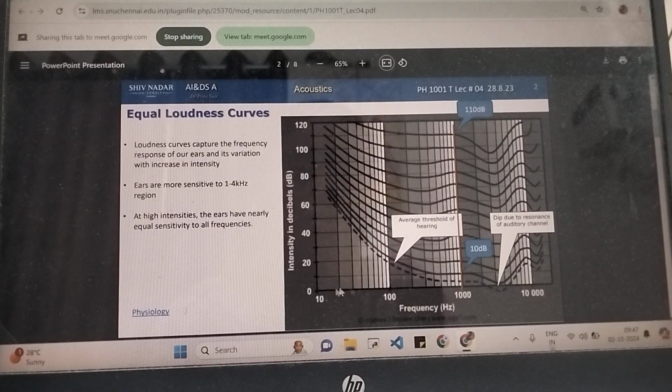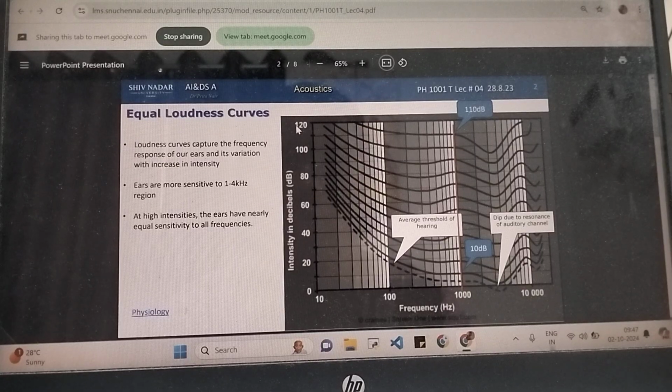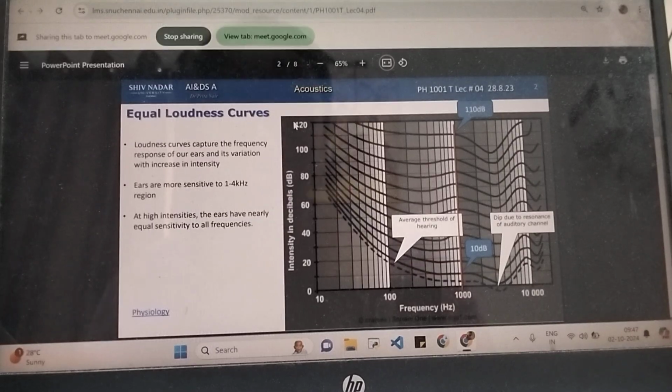So yeah, 20 will be somewhere around here and 20,000 is this end. And loudness level, the maximum loudness that a human ear is capable of hearing is 120. We saw the maximum intensity and pressure in the previous slide, in the previous PPT. So based on that, if you calculate maximum loudness, 120 decibels is what you will get.